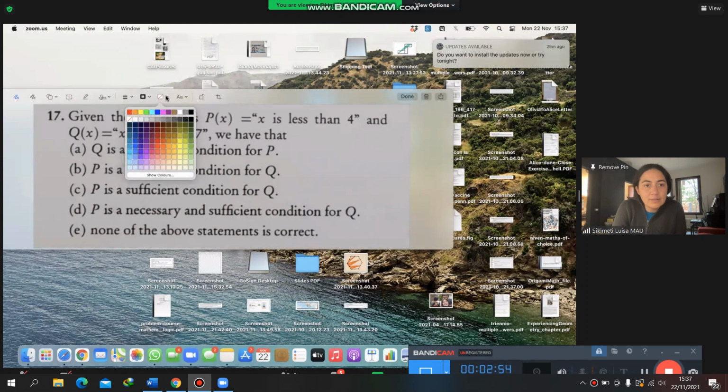Maybe B. Okay, but is it the case that P implies Q, or Q implies P, or which one is which?